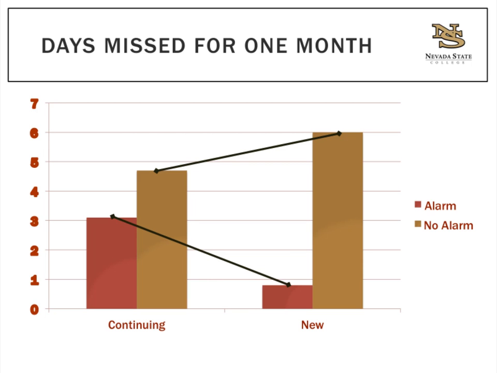They're moving in the same way and they're parallel. So again, what these lines are representing is the movement, right? So we see that it's going up when we're looking at the no alarm condition, but it's going down when we're looking at the alarm condition, right? So that means that the effect changes depending on the group that we're talking about.